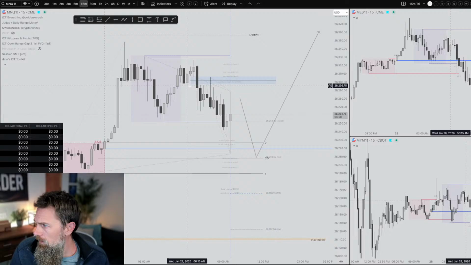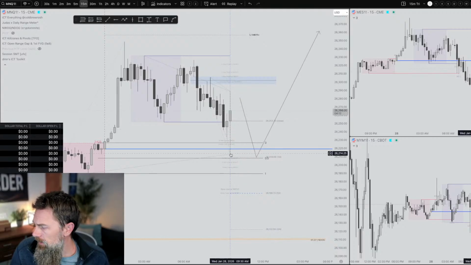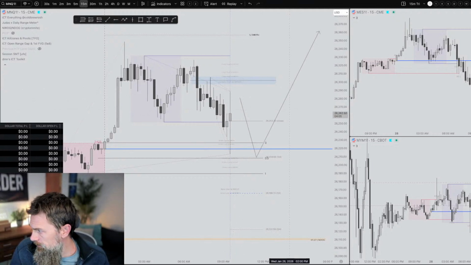Less so on the 15-minute as I look at this. We got this downtrend here. The difference being NQ did a stop hunt to sell side, YM did a stop hunt to buy side. So which is it? Is it going down? Is it going up?